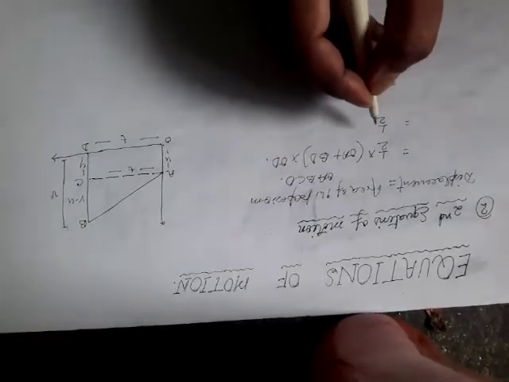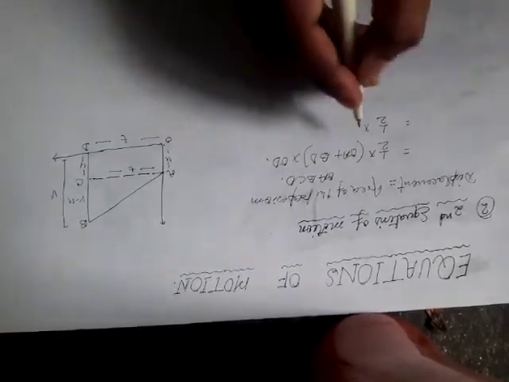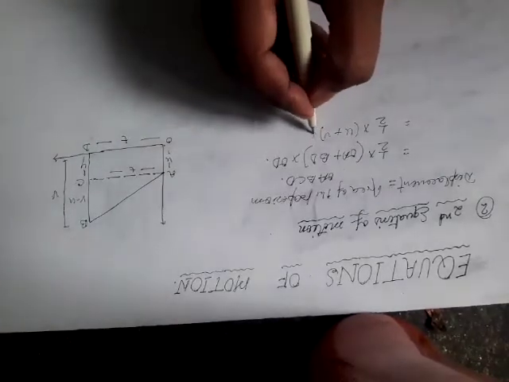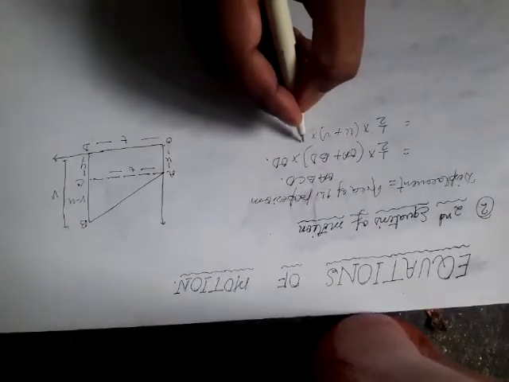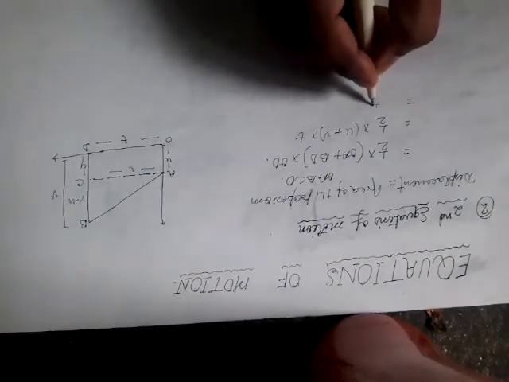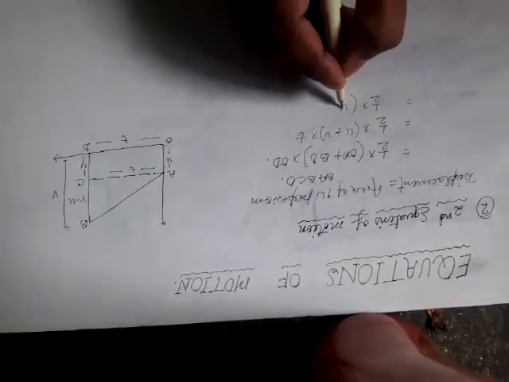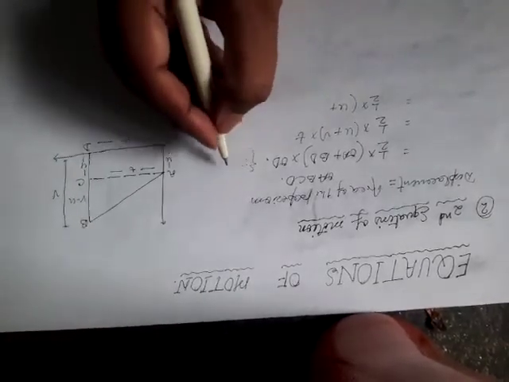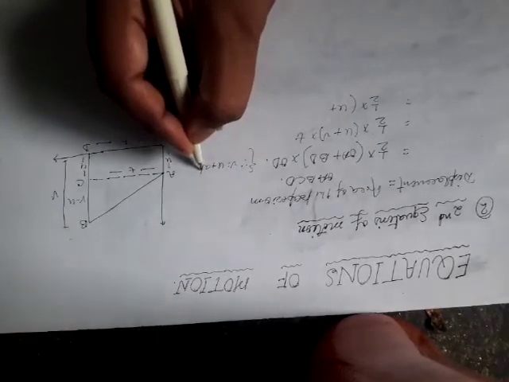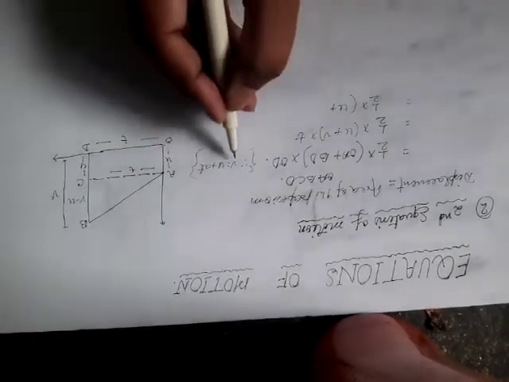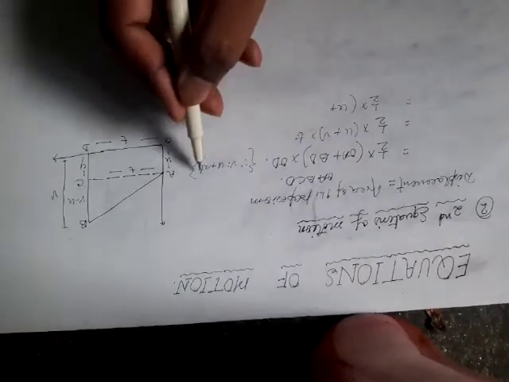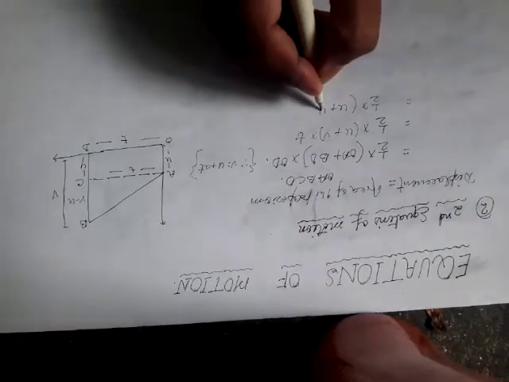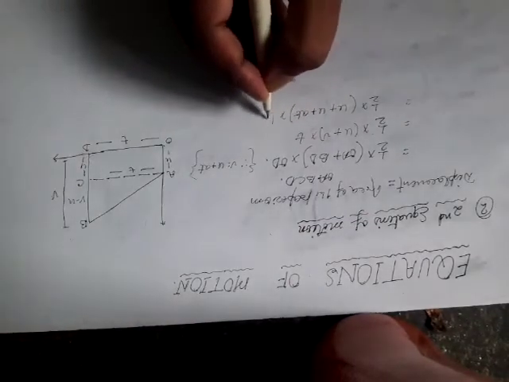meaning 1 by 2 into OA, which is the initial velocity u we have taken earlier, BD is the final velocity, and OD is the time. Now we will substitute here. We know that v is equal to u plus at from the first equation of motion, so we will substitute v with this value. So we write v equals u plus at, into t.